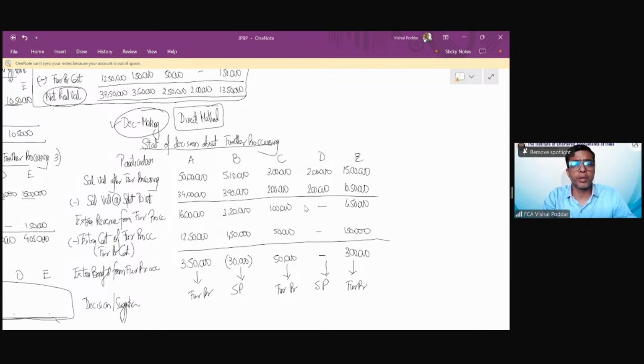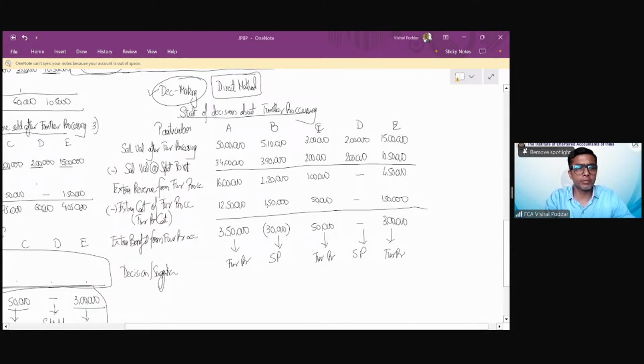So this is how you will save a lot of time in the exams. But this method is to be adopted only where the question is on one point, that is decision making. Where the question asks you other details also, you have to go to all the workings.